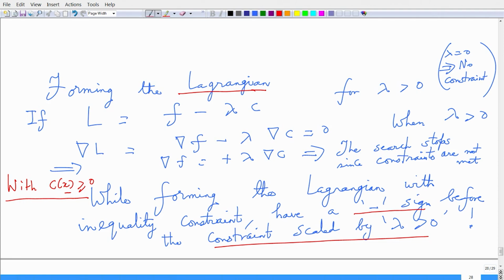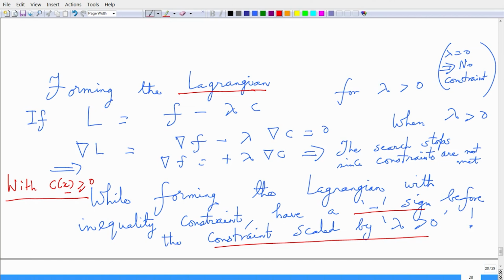Let us assume that I have a negative sign sticking here. Then del f equals plus lambda del c, because I just equate del L to be 0 and I will end up with del f equal to lambda del c. But from our discussion, when del f and del c are pointing in the same direction, there is no intersection, therefore the search should stop, because the constraints are not satisfied.